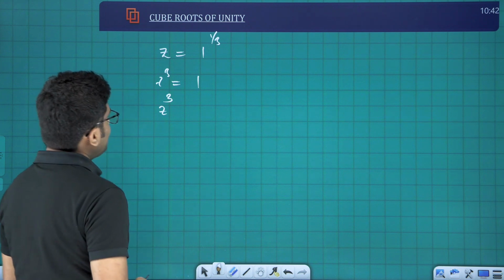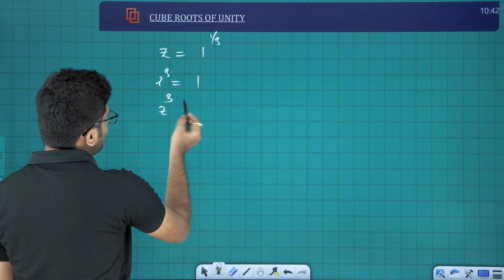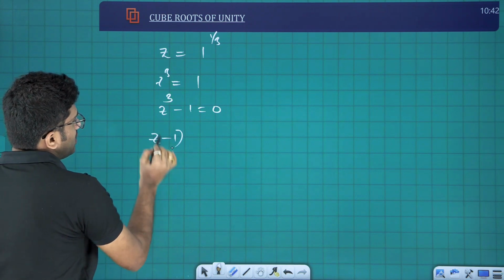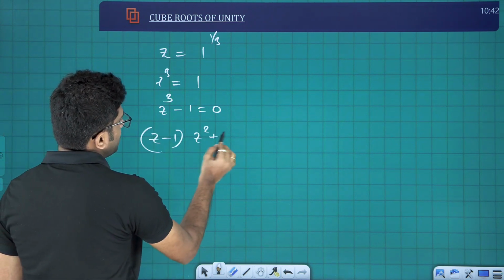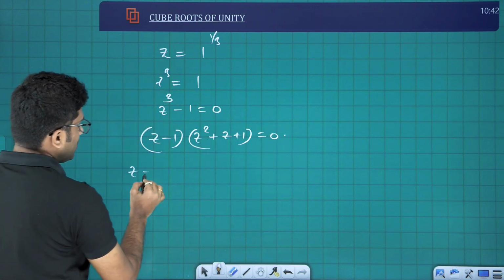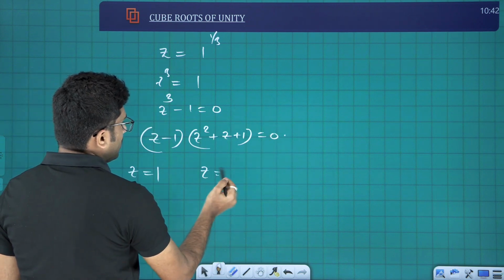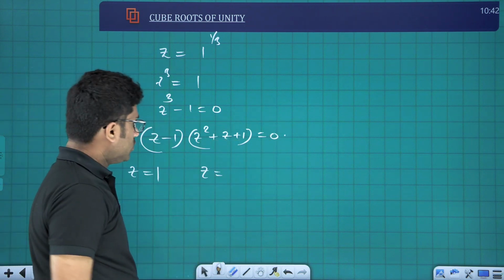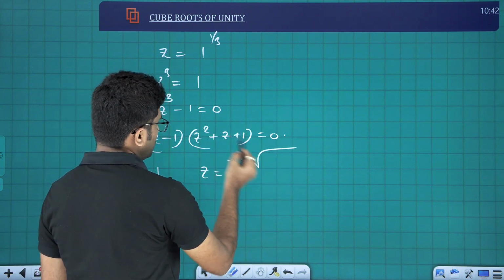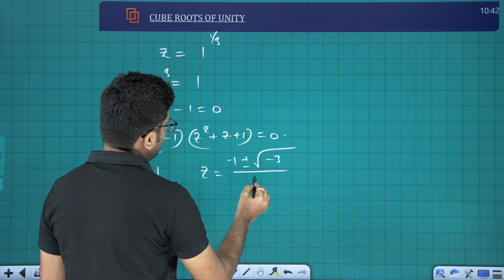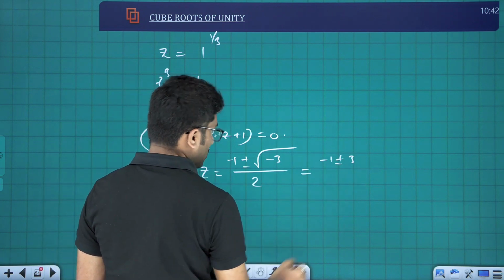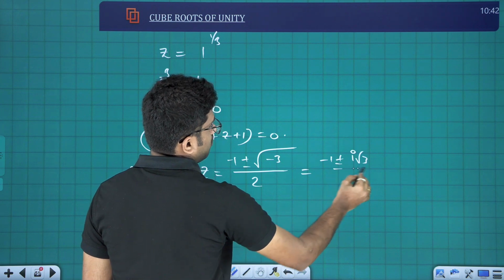See this, friends, instead of doing like this, z cube minus 1 is equal to 0, we can factorize: (z minus 1)(z square plus z plus 1) is equal to 0. So either z equals 1, or if we solve using the quadratic formula, minus 1 plus or minus under root b square minus 4ac. 1 minus 4 is minus 3, divided by 2, which is minus 1 plus or minus i root 3 by 2.